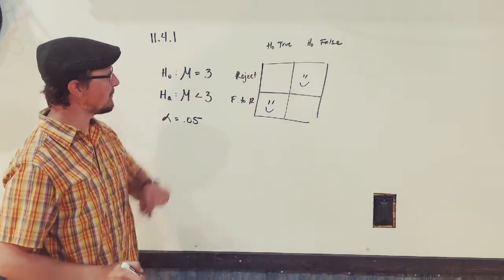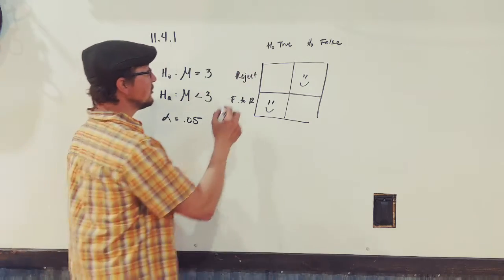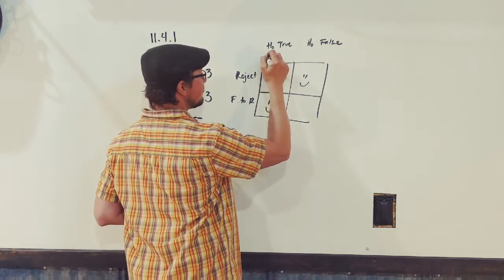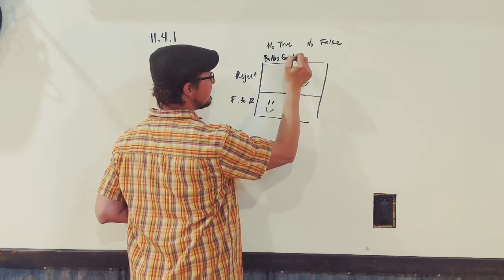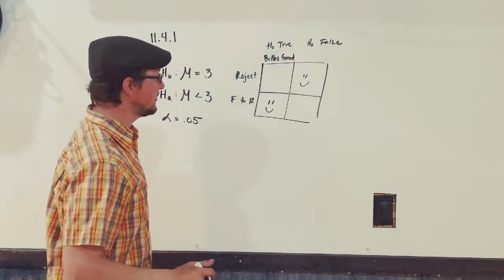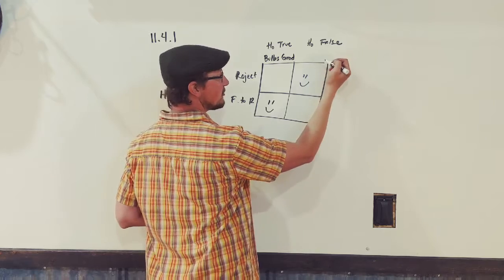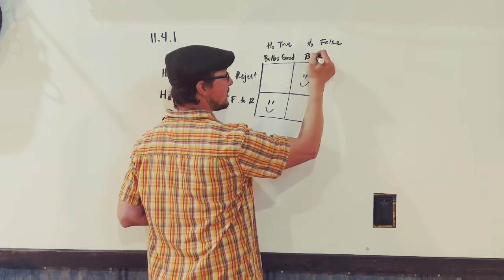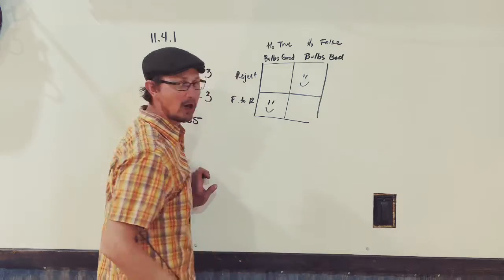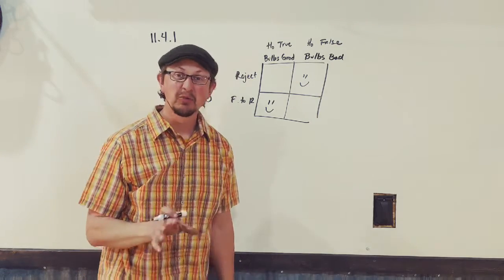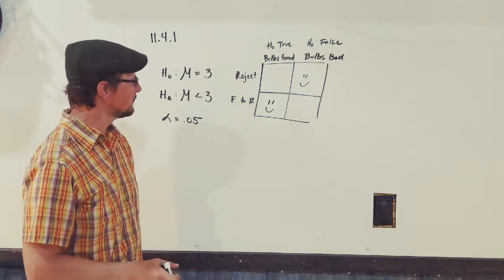So if the null hypothesis is true, then the bulbs, the light bulbs, are good. And they're lasting how long they should. And if the null hypothesis is false in this particular problem, then the bulbs are bad. Something's gone wrong with the manufacturing process and the bulbs aren't lasting as long as you want.